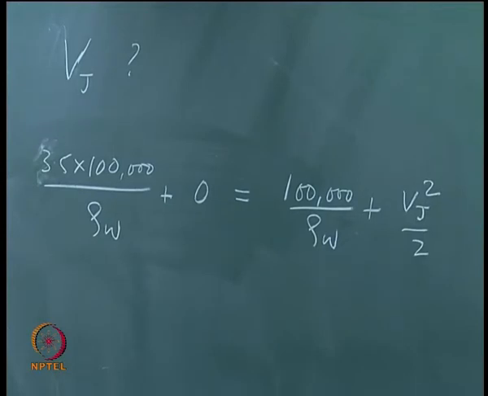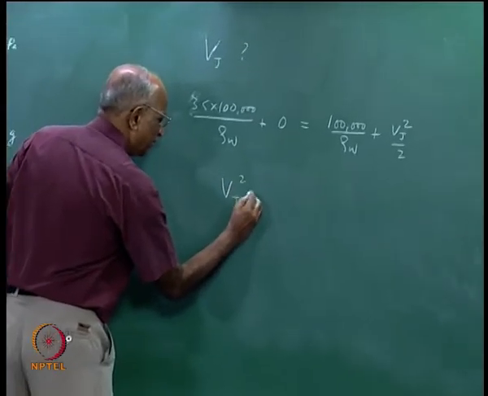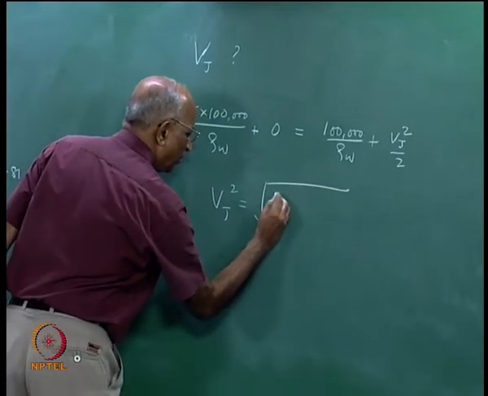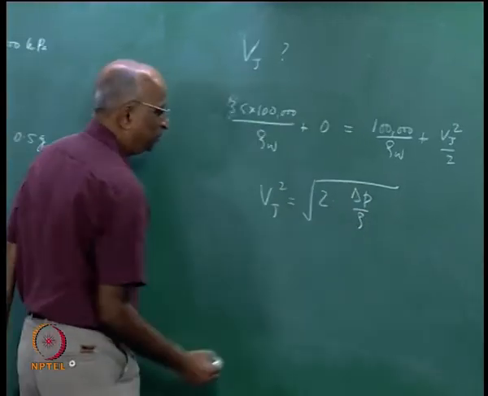Or rather we could have just told ourselves, well, Vj is equal to under root of 2 delta p divided by rho.